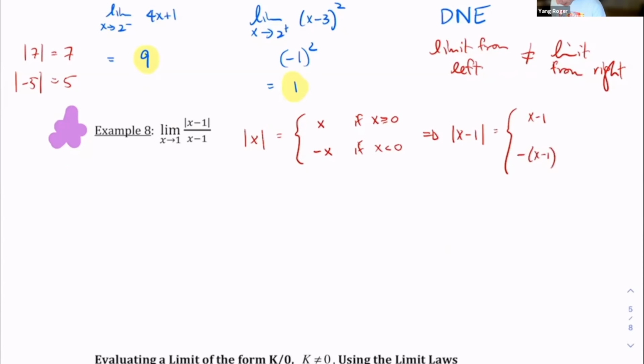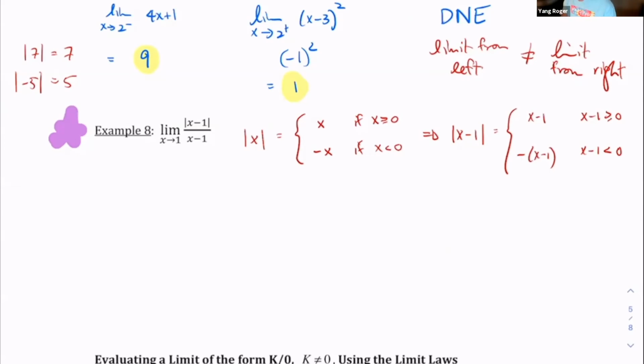This is if x minus 1 is greater than or equal to 0. And this is if x minus 1 is less than 0. All I did was substitute. Does that make sense to everybody? Any questions?